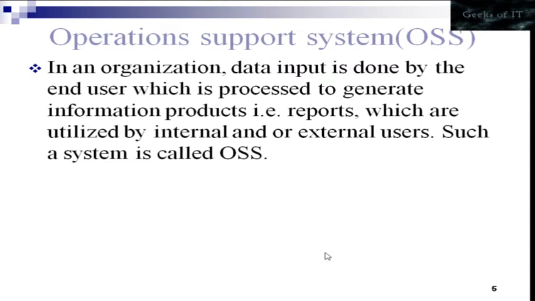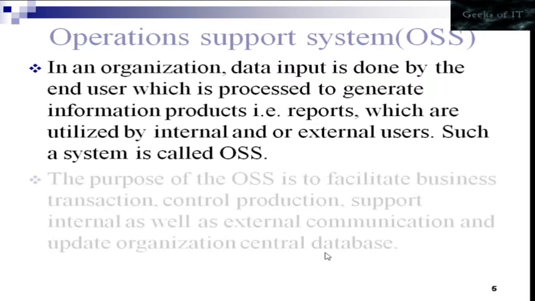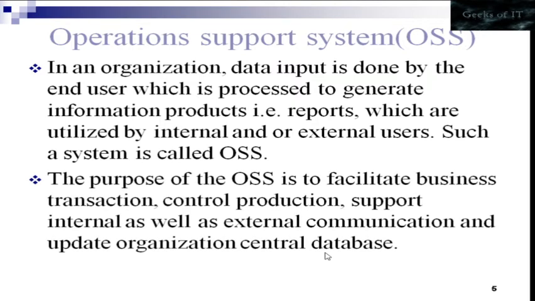Such a system is called an operation support system. The purpose of the operation support system is to facilitate business transactions, control production, support internal as well as external communication, and update the organization's central database.